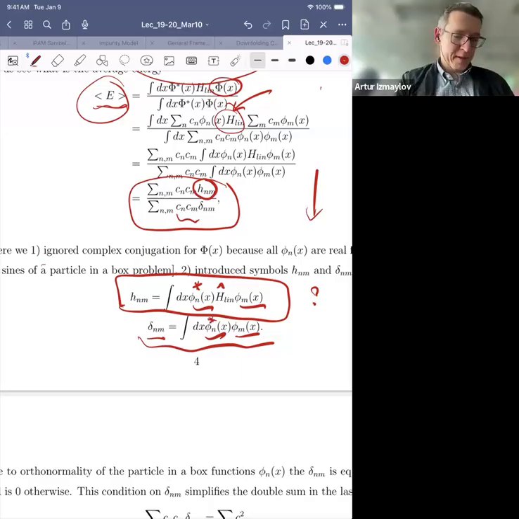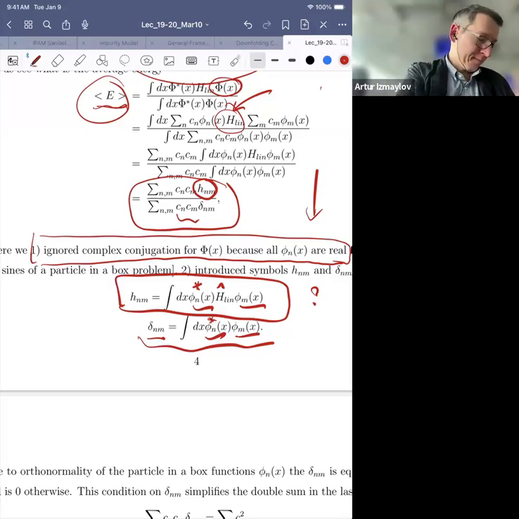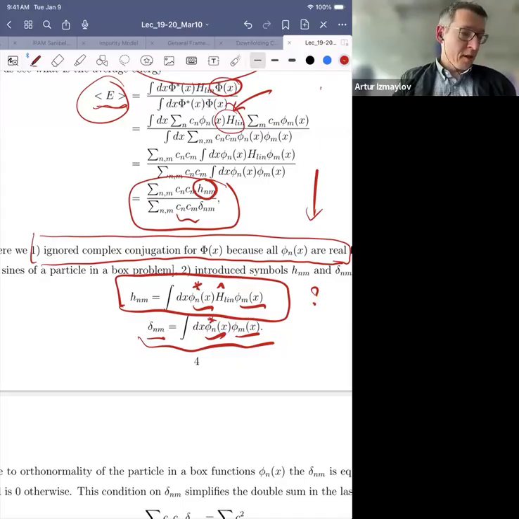We ignore complex conjugation because phi_n are real. Why are they real? Because they're Hermitian? Functions cannot be Hermitian. Hermitian are operators, right? Hermitian operators do not necessarily have real functions as eigenfunctions.